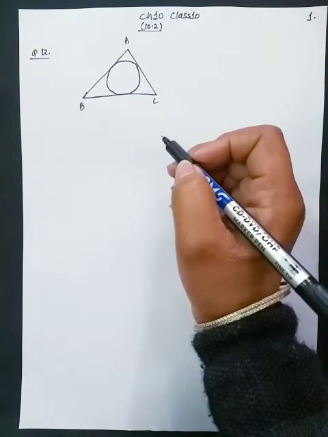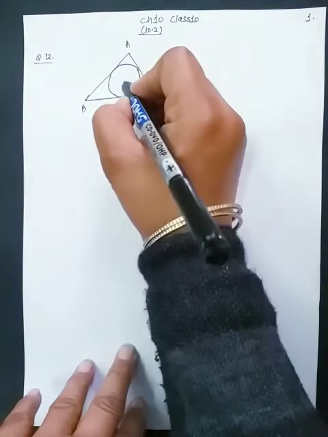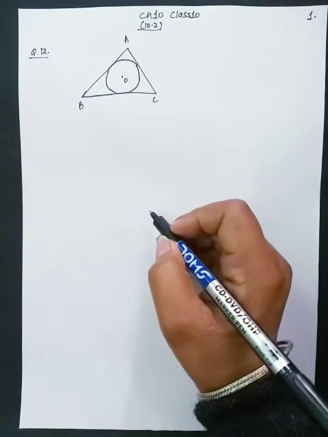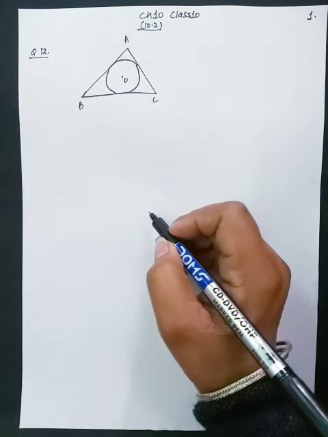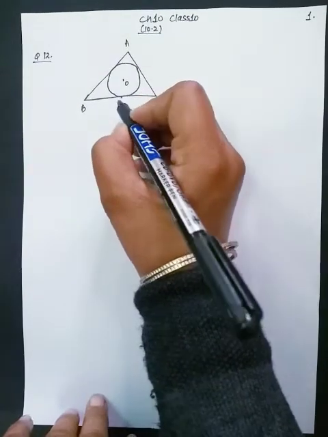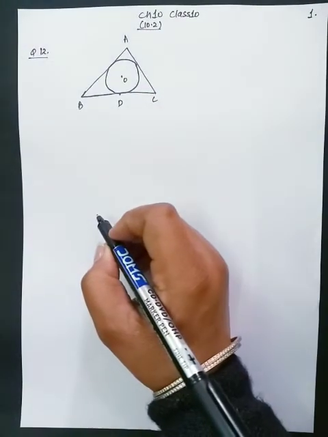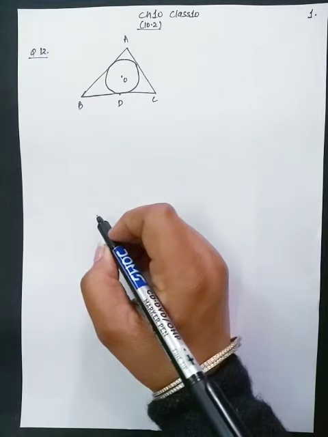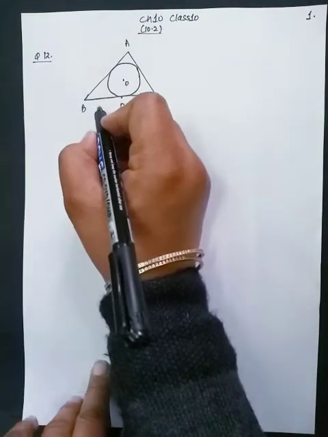The radius of the circle is 4 centimeter, such that segments BD and CD, into which BC is divided by the point of contact D, are of length 8 centimeter and 6 centimeter.